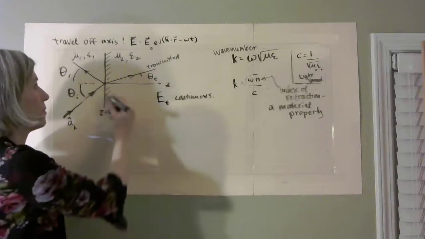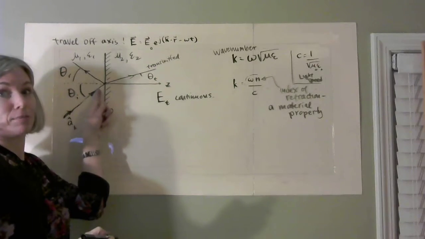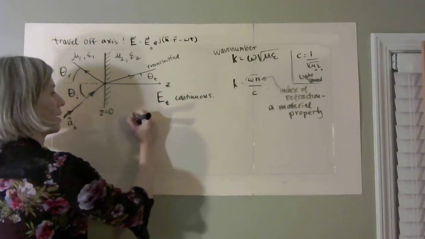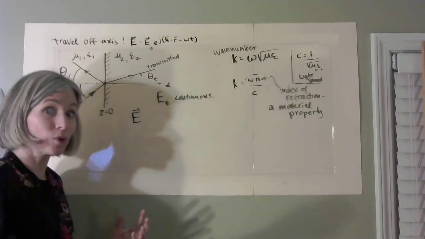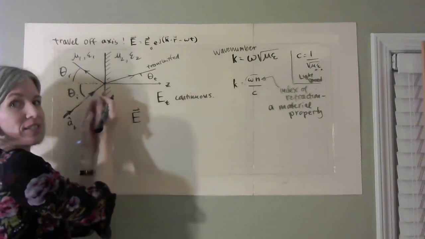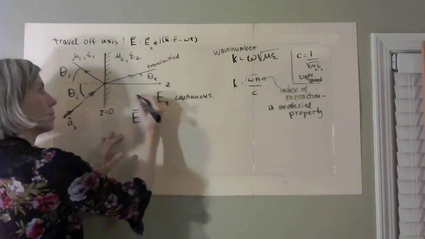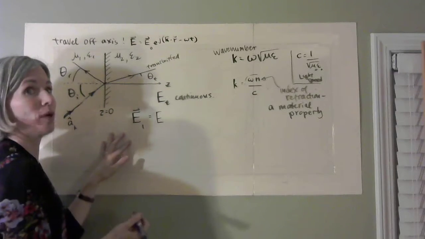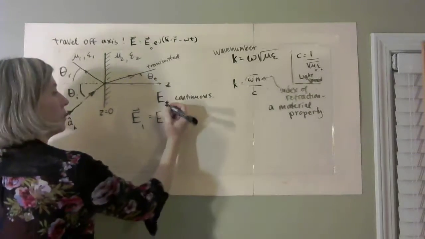Okay, so what we have to do to figure out what the tangential component is on this side of the material, compared to this side of the material, we'll look at the total electric field on just this side of the material. It's going to be E material 1, and it's got both the normal and the tangential component still wrapped up in it.